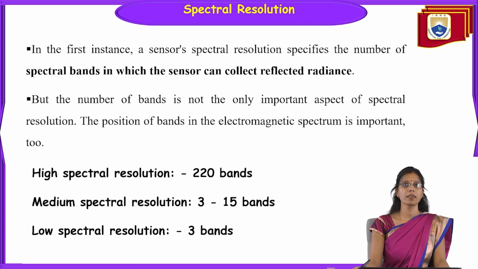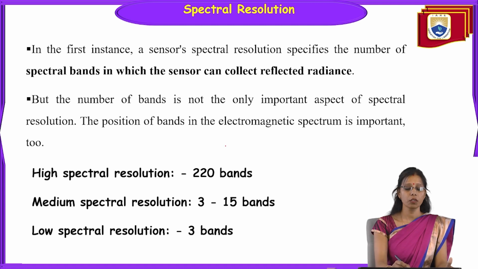Now coming to the spectral resolution. What is spectral resolution? A sensor's spectral resolution specifies the number of spectral bands. This kind of resolution gives the information in different bands. When we studied the electromagnetic spectrum, we studied the different kinds of bands in the short wavelength region, long wavelength region, and visible region.